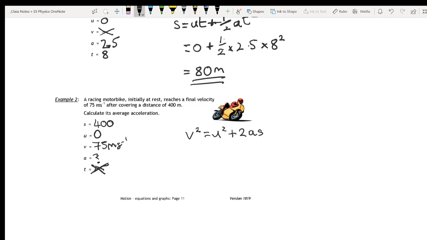And then you just put the numbers in. So 75 squared, please remember to square anything that has a square, is 0 squared, so 0, plus 2 times the acceleration, which is what we want to find, times the displacement, which is 400.